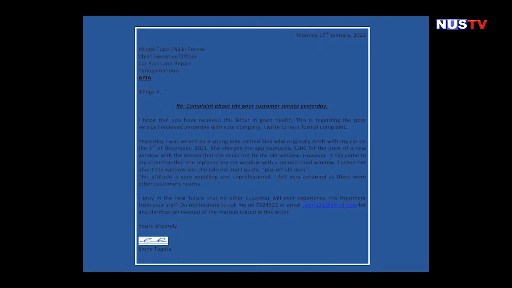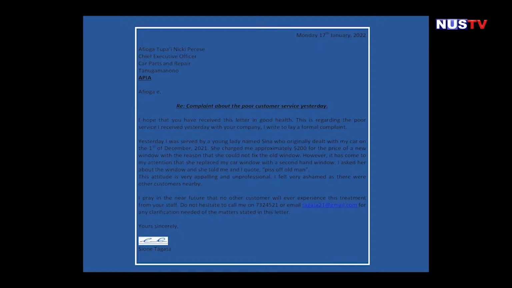So good. Let's read the letter. Afionga Tupae Perese, Chief Executive Officer, Car Parts and Repair, Tanunga Manono, Apia. Complaints about the poor customer service yesterday. I hope that you have received this letter in good health. This is regarding the poor service I received yesterday with your company.